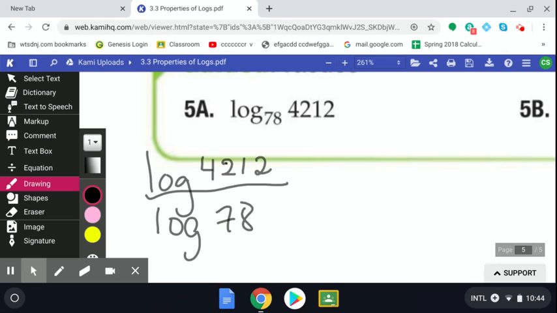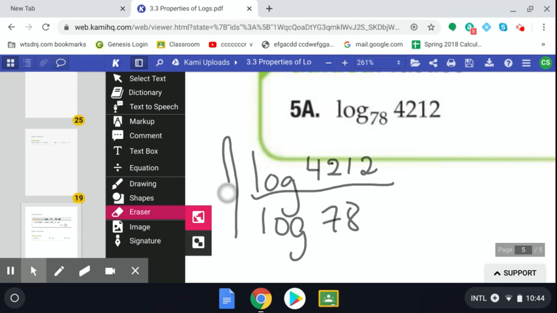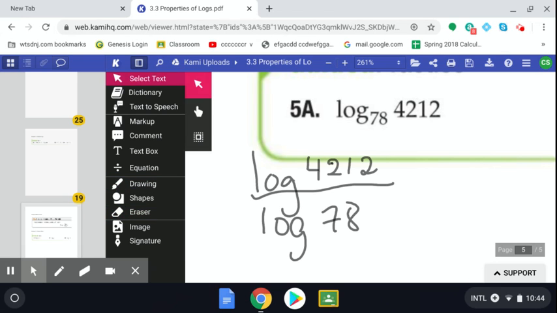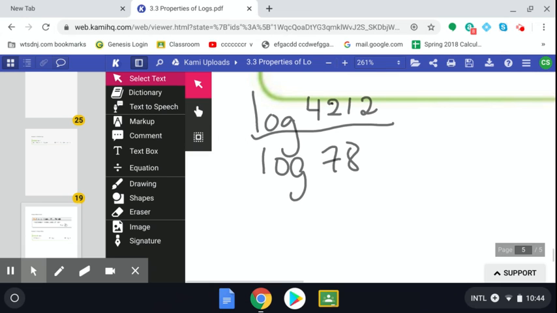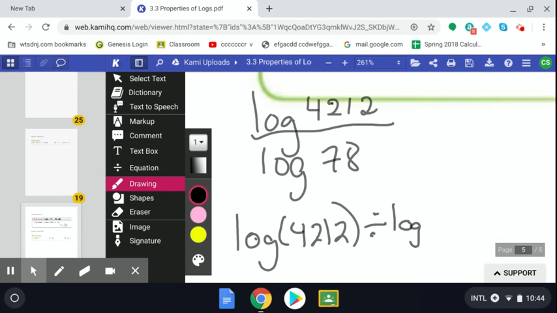So at this point, you just enter it on the calculator and just make sure that when you enter this on the calculator, you close parentheses. So you should input log, and the calculator is going to open parentheses for you. So it should be 4212. Close parentheses, that's the important part. Then you do divided by log, and then once again the calculator is going to open parentheses, 78.